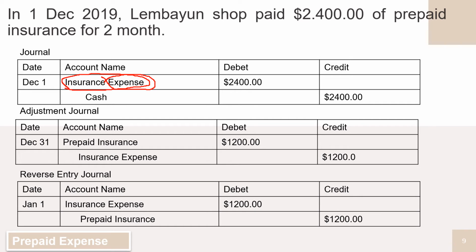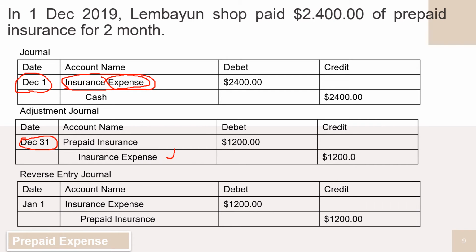And then, this is the 1st December. We have to do an adjustment journal on the last day of December. The adjustment journal is prepaid insurance $1,200 in debit and insurance expense $1,200 in credit.